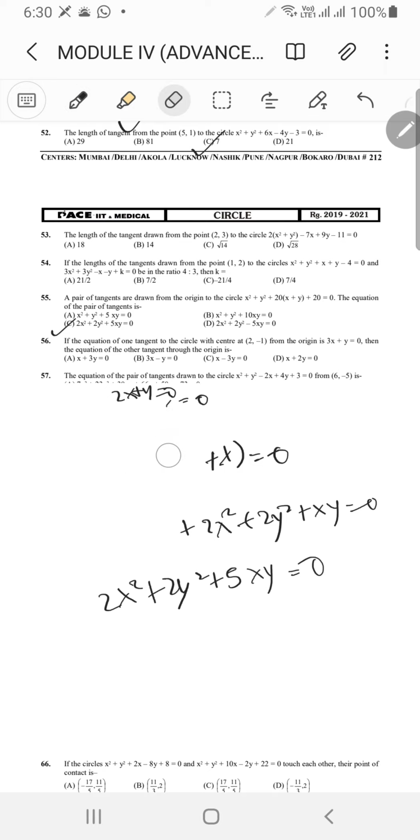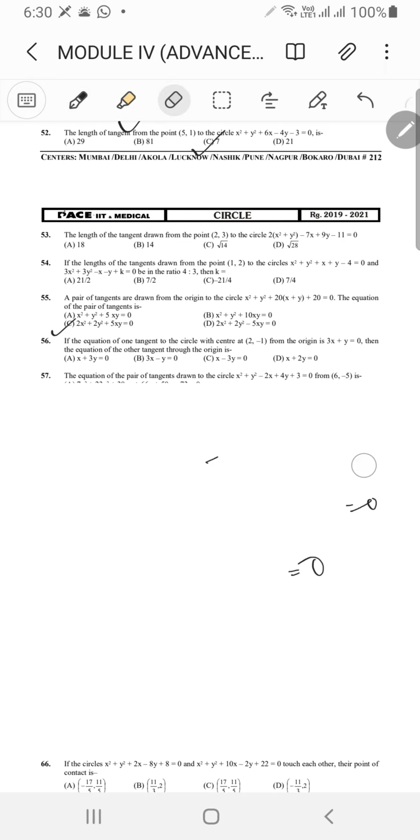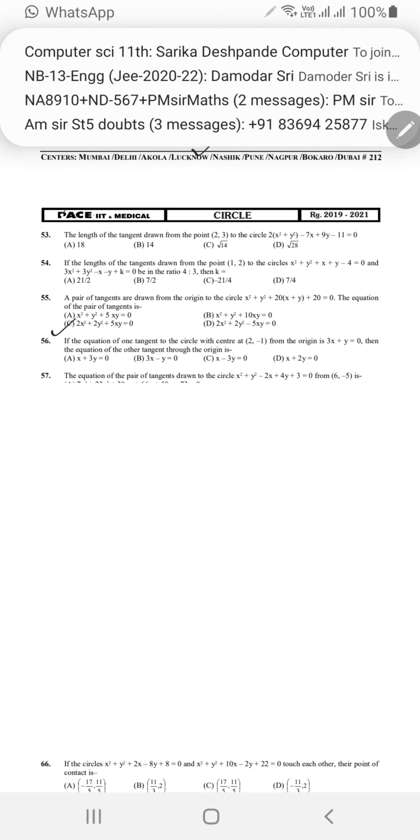Nice. Let's move on. If the equation of one tangent to the circle with center at (2, -1) from the origin is 3x plus y equal to 0, then the equation of the other tangent through the origin is, okay, given one tangent from the origin is 3x plus y equal to 0. Then the equation of the other tangent is, why does it look like, okay, let's not come to any conclusion like that.